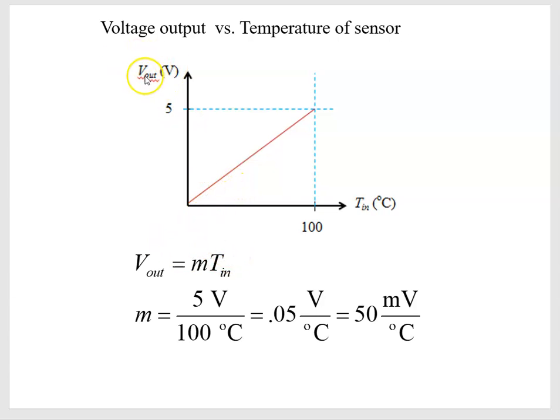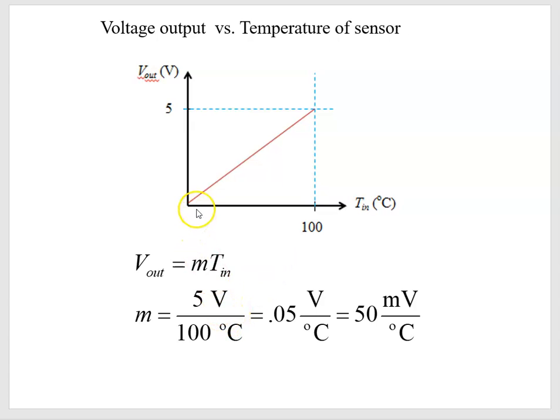We'd have our voltage versus temperature. As the temperature increases, the voltage response increases. So our voltage is equal to some slope times the temperature, plus B. That slope we can get from this linear graph as being 5 volts divided by 100 degrees centigrade.